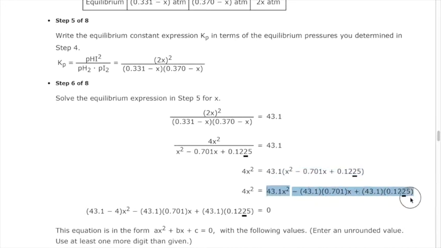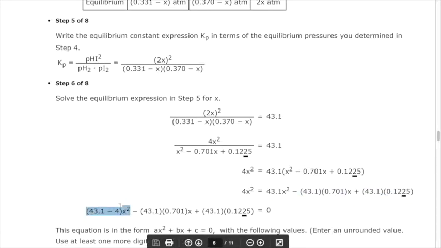At this stage, we have distributed that 43.1 to the 1, 2, 3 components of that parenthetical. And then eventually we're going to subtract 4x² from both sides. Then we're going to group like terms. So the x squared terms are together here. The x terms are together here.